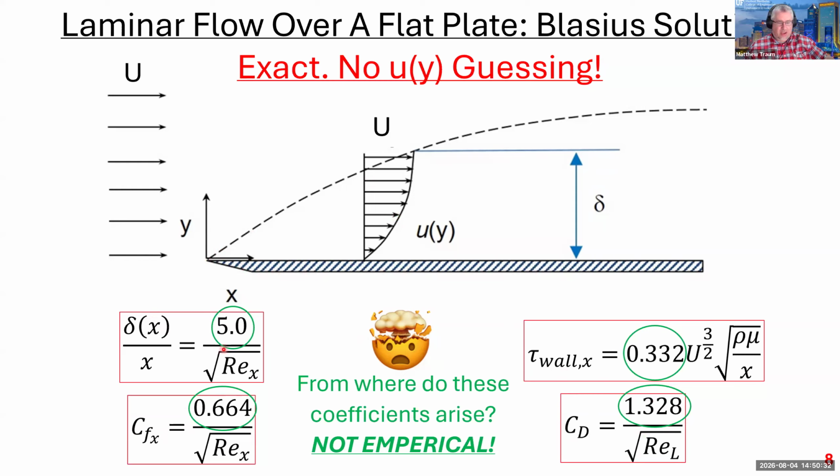No, no. For the Blasius solution, these numbers that I've circled in green come from analytical solutions from the known shape of the velocity profile inside the boundary layer. So even though they look empirical, these are exact values, not based on experiment, but based on an actual closed form analytical solution. So to me, that's just super cool. So I always like to point that out.